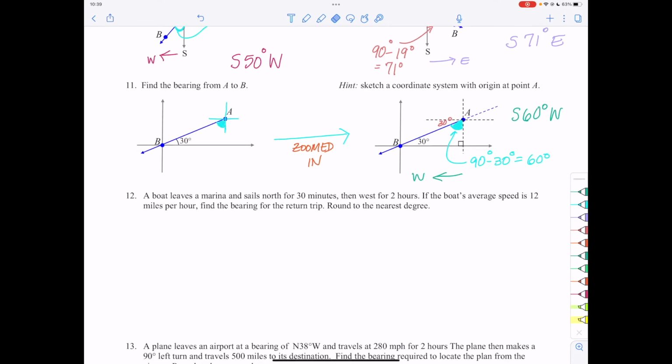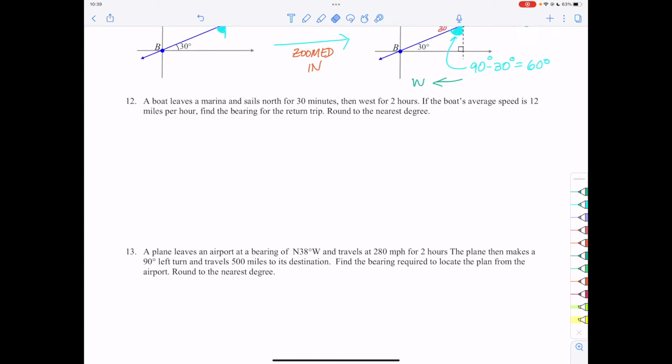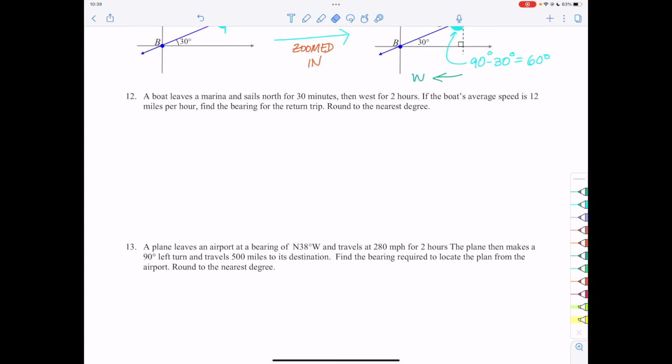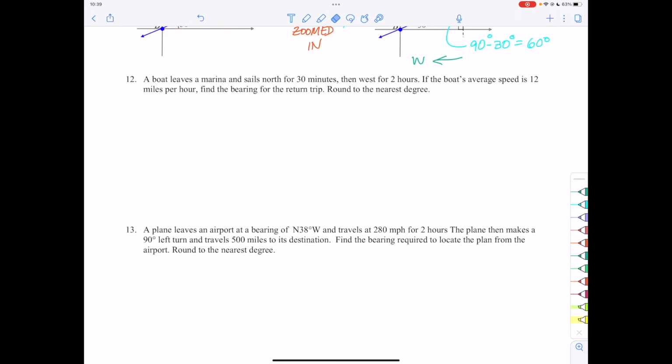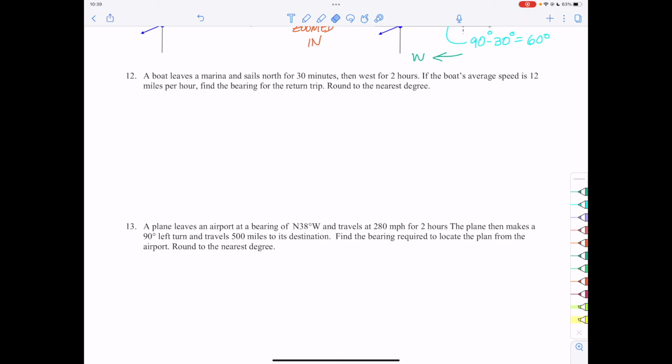Okay, let's take a look at number 12. A boat leaves a marina and sails north for 30 minutes and then west for 2 hours. If the boat's average speed is 12 miles per hour, find the bearing for the return trip. Okay, we will be rounding to the nearest degree.